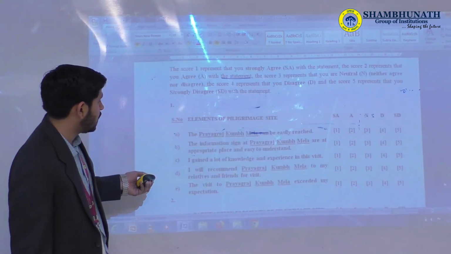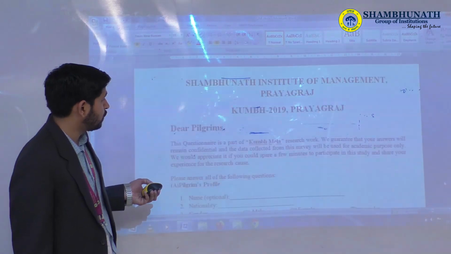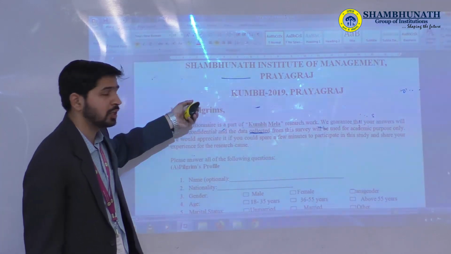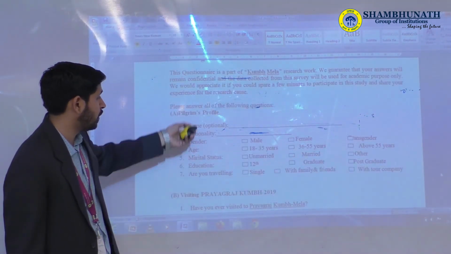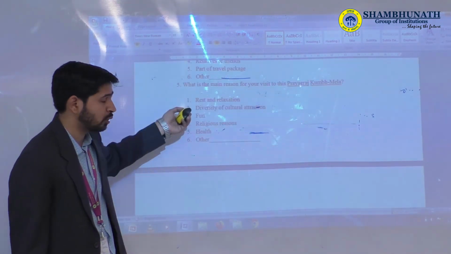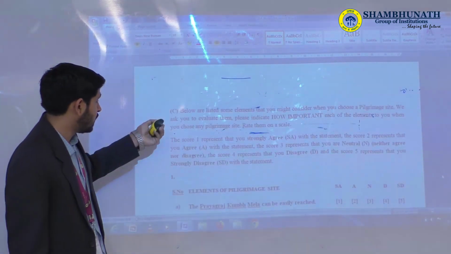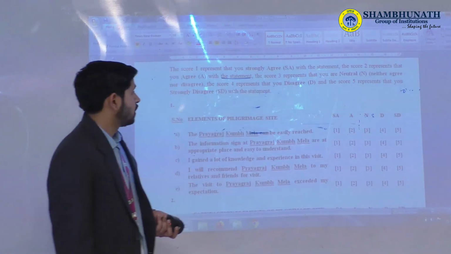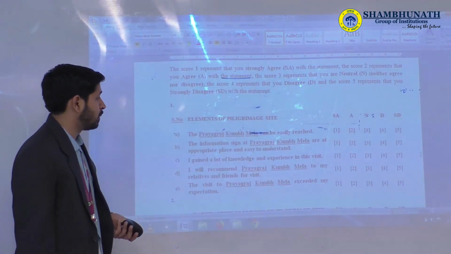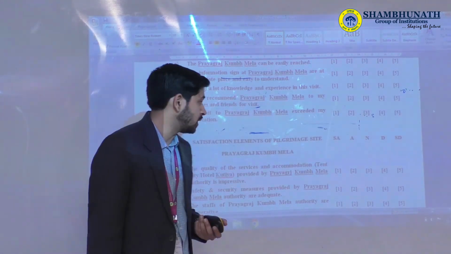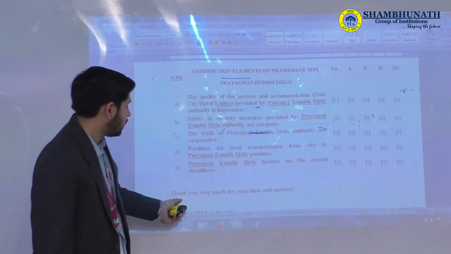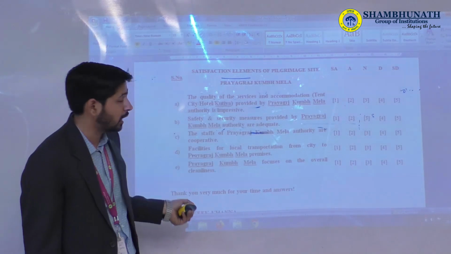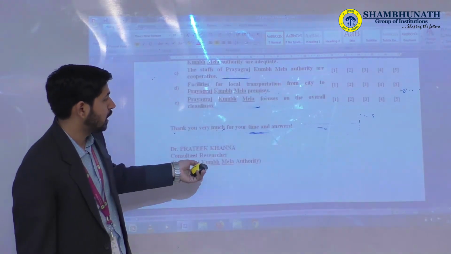So when we are designing your questionnaire, you have to start with your institution name, then write dear respondents, pilgrims, then there are certain profiles, respondent profile, then certain questions, B questions, then there is section C where we evaluate how important elements are when choosing a pilgrimage site, or what the satisfaction elements are. And at the last you have to write thank you very much for your time and answers, because this is the thank you note you have to include in your questionnaire, and then your name and all.